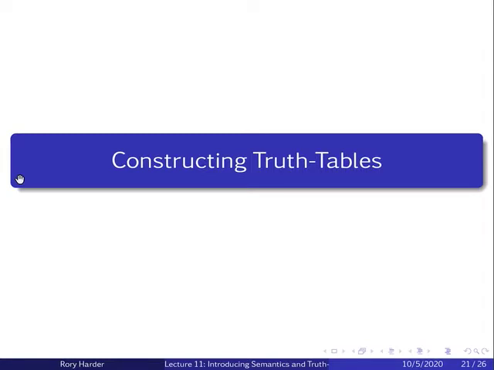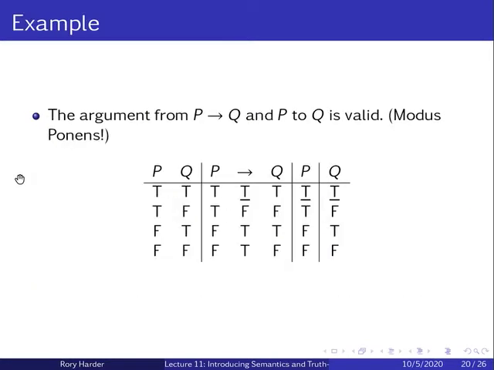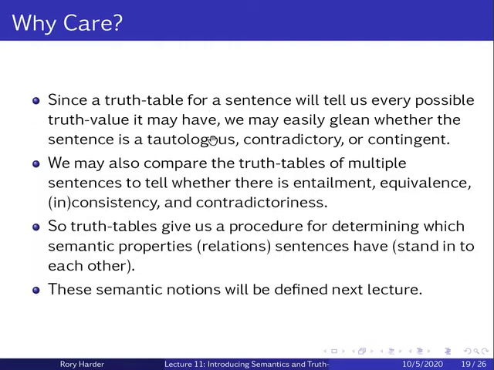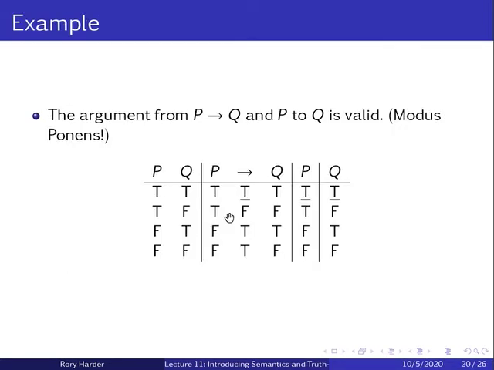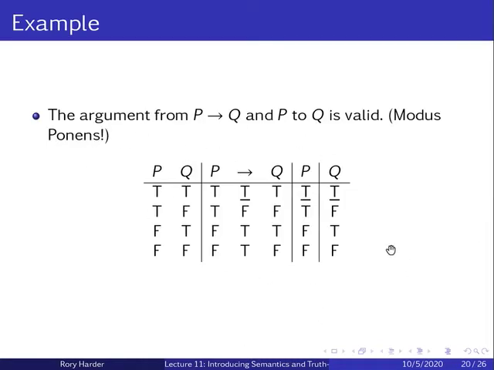Okay, so we're going to return to constructing truth tables to tell whether arguments are valid, say, or whether sentences are tautologies, contradictions, or contingent, and all of this fun stuff. But before we do that, in the rest of this lecture, I'm going to tell you a method for how to construct these kinds of truth tables.